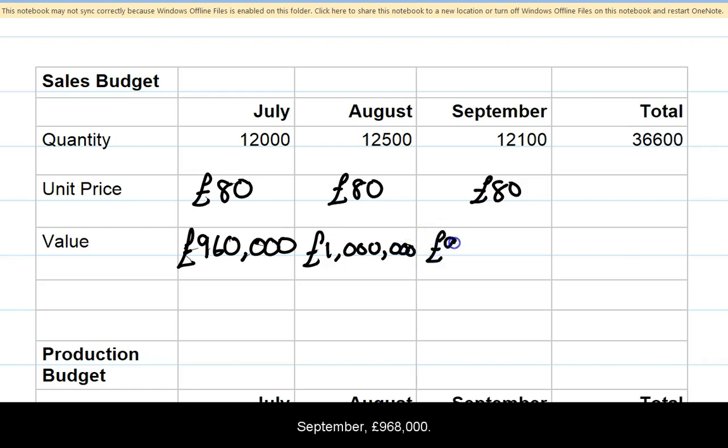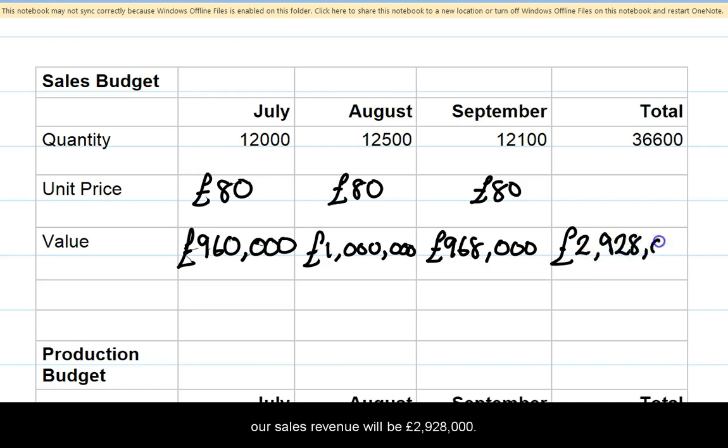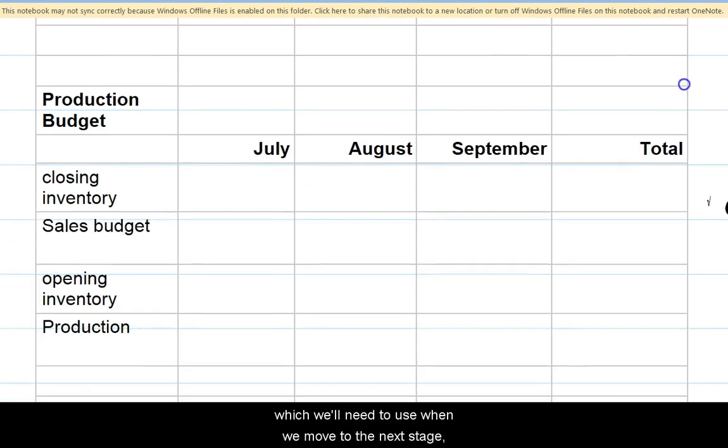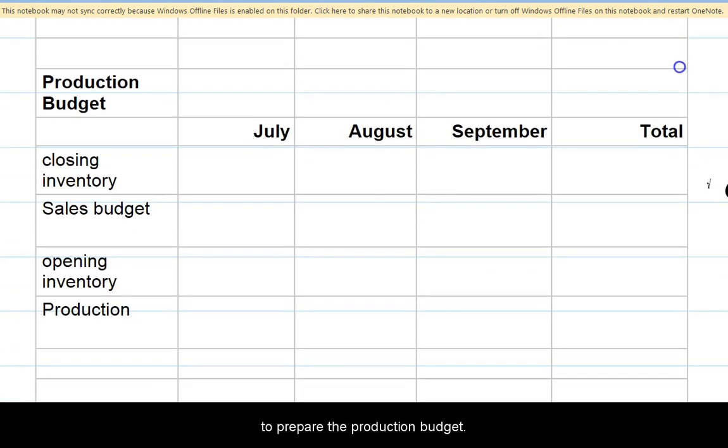September, £968,000, and in total over the 3 months our sales revenue will be £2,928,000. So in this part we've calculated our sales value, our sales revenue, and we've got the sales quantity which we'll need to use when we move to the next stage to prepare the production budget.